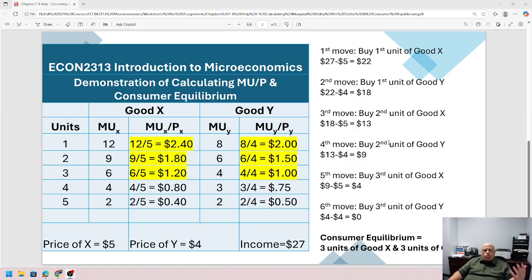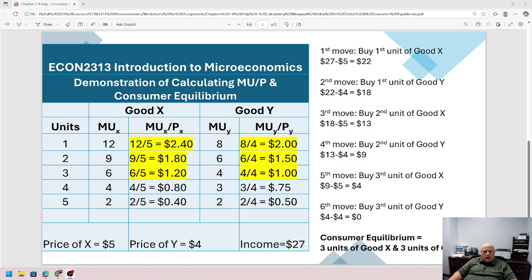Then our third move is going to be to buy the second unit of good X. Again, all you're doing is looking to see which unit of each good is best to purchase, whichever has the highest marginal utility per dollar.